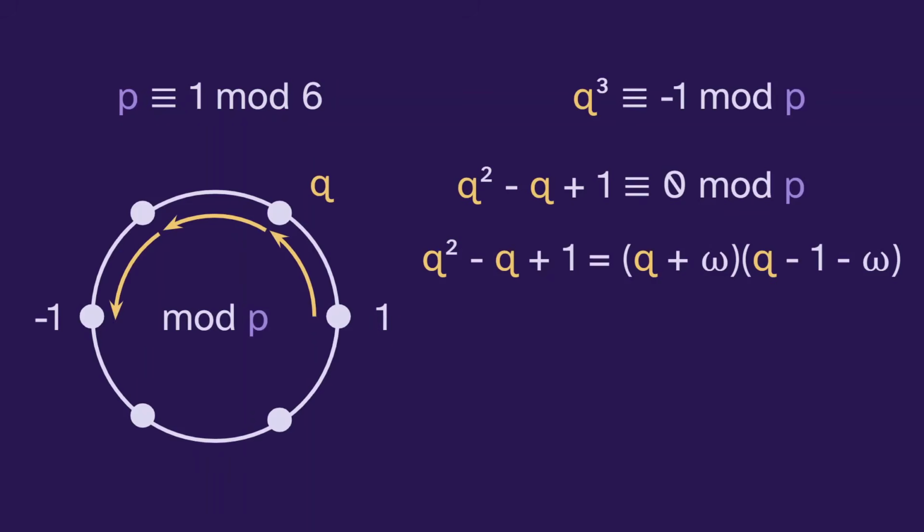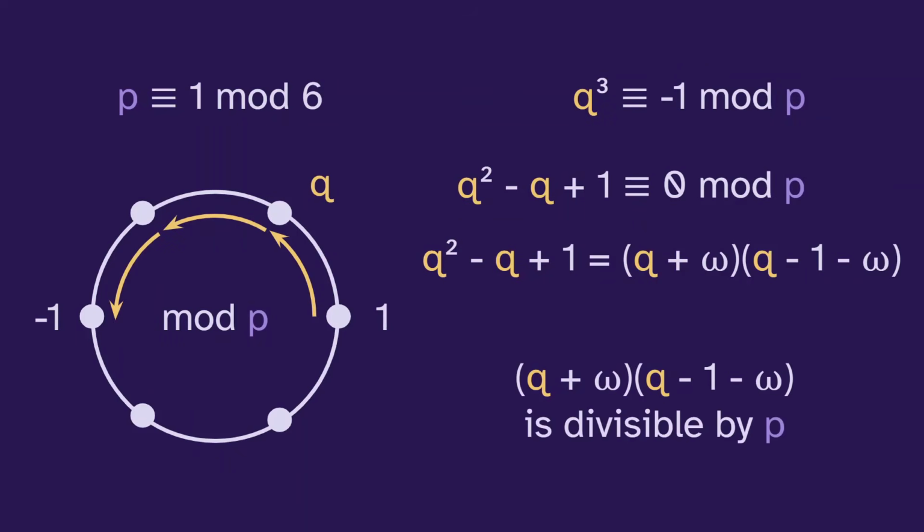But q squared minus q plus 1 is also the product of these two Eisenstein integers. And because it's 0 mod p, that means that this product is divisible by p. But neither of these themselves are divisible by p, so p fails our alternate definition of a prime. Therefore, p is not prime, and because the norm of p is p squared, it's the product of two primes.